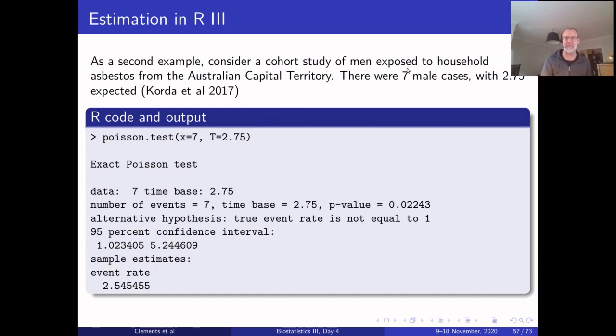There ended up being 7 men who had mesothelioma, and the expected was 2.75. So we can do a Poisson test comparing the observed 7 with the expected 2.75, and we find that there was a 2.5 times increased risk from living in homes with raised asbestos exposure, with this confidence interval.